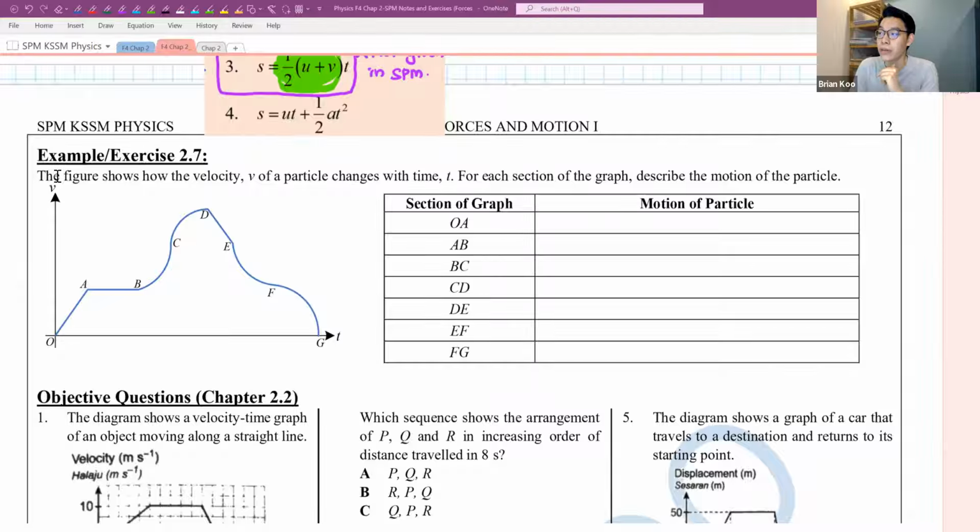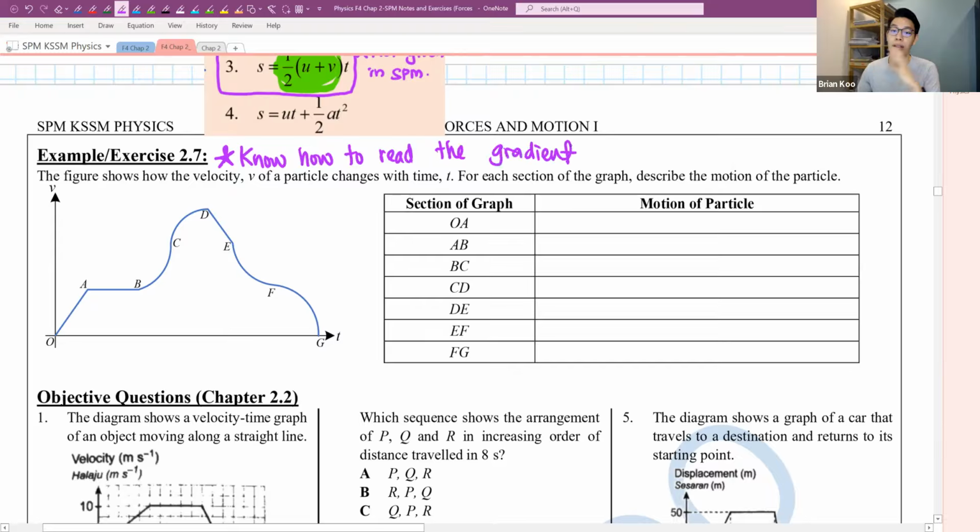For each section of the graph, describe the motion of the particle. In this question, what we want from you is only this. Okay, maybe you can just point out. The highlight of this question is only to know how to read the gradient value.